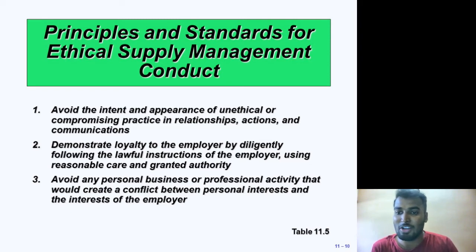We need to demonstrate loyalty to the employer by abiding by reasonable care and the instructions framed by the organization. Any personal business or professional activity that creates a discrepancy between a personal interest and the interest of the employer has to be completely avoided, as it affects the growth of the organization.